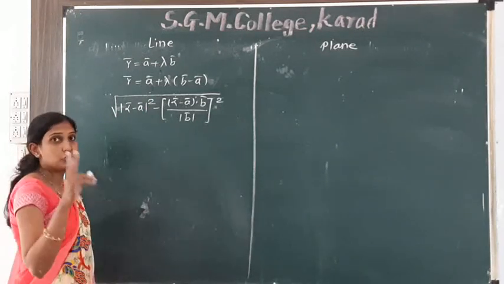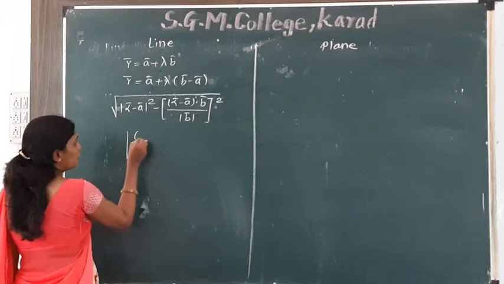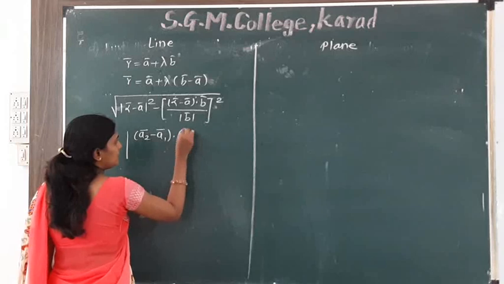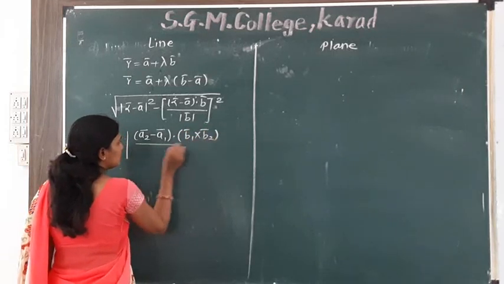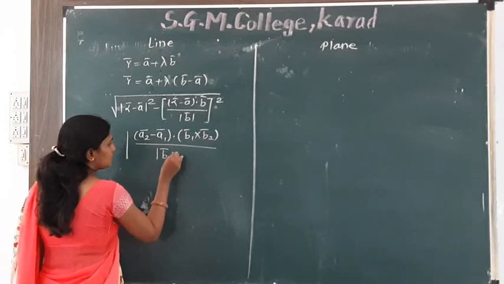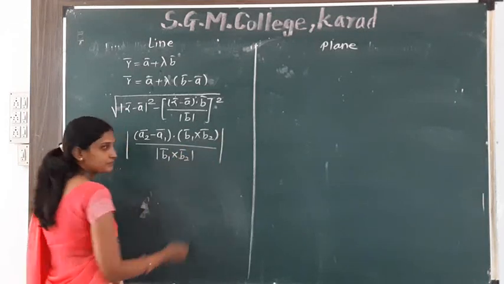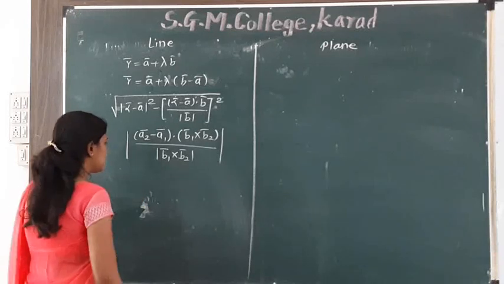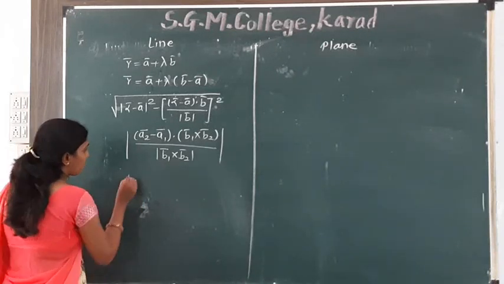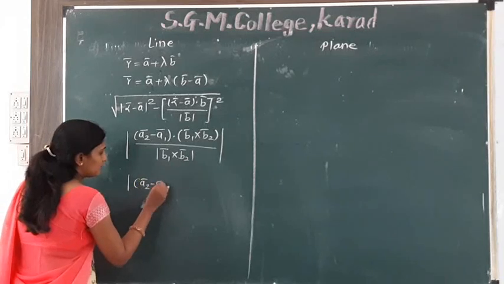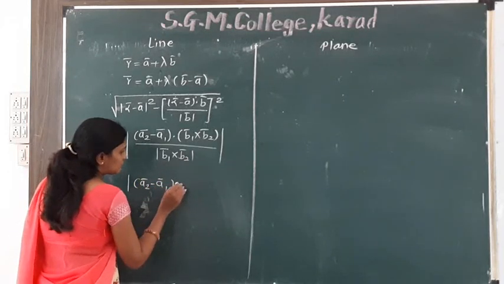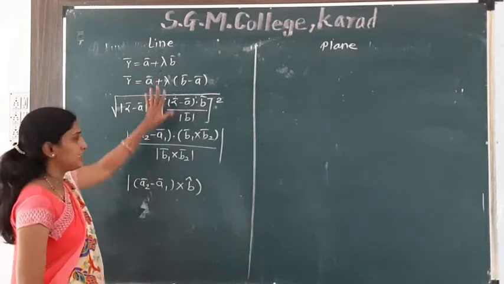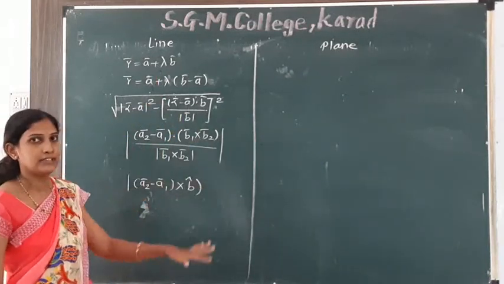Then distance between two skew lines, which is mod of (a2 bar minus a1 bar) dot (b1 bar cross b2 bar) divided by mod of b1 bar cross b2 bar, and distance between two parallel lines, which is mod of (a2 bar minus a1 bar) cross b cap. This is in line.